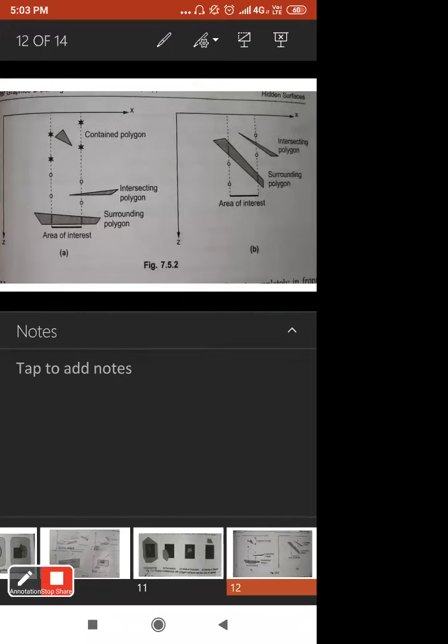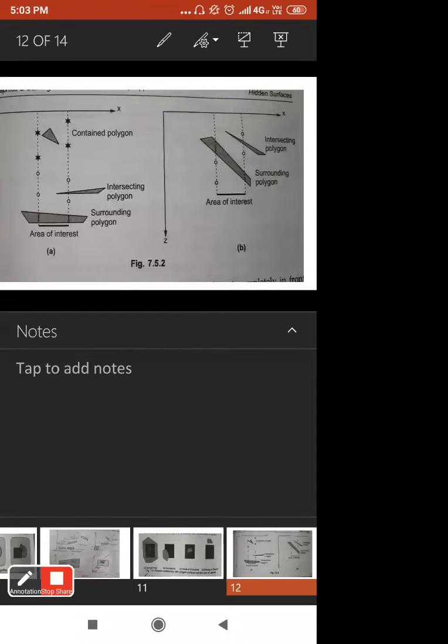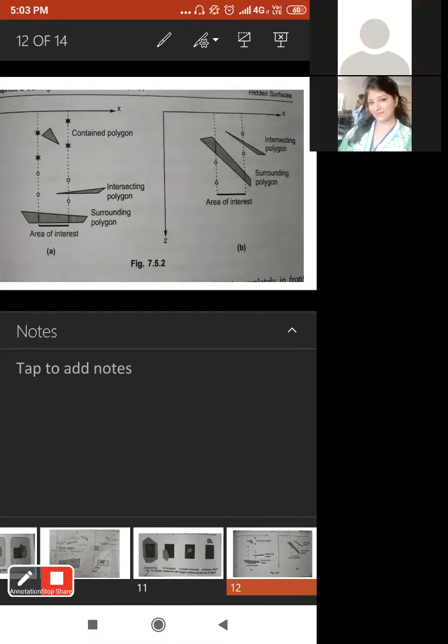Case B is also given here, in which we have changed somewhat the angle of the surrounding and intersecting polygons, from a different viewpoint, so that we have to find out which one is in front from this angle.